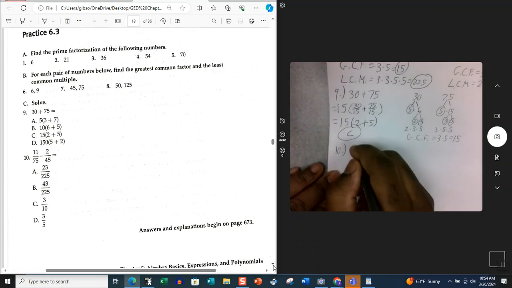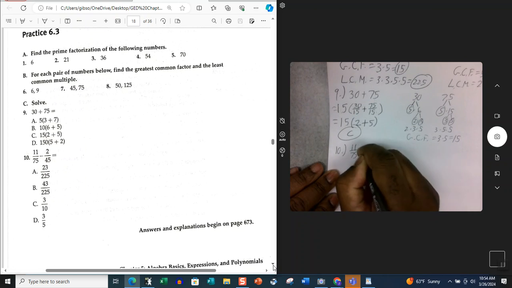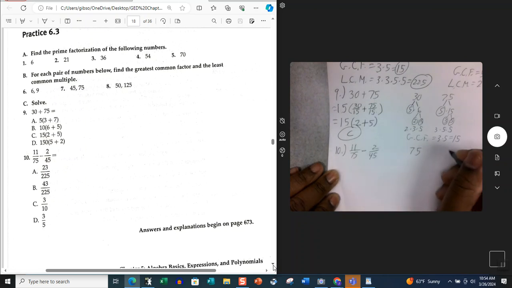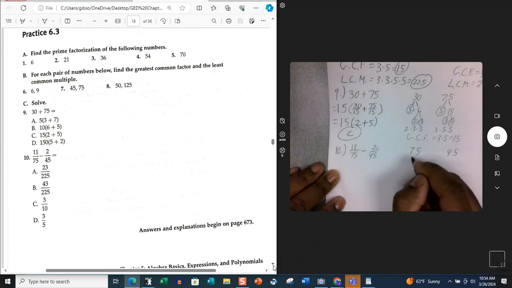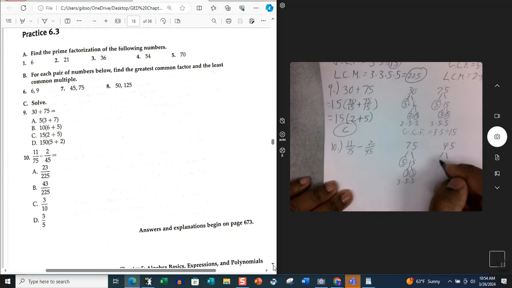So for number 10, we got 11 over 75 minus 2 over 45. So we would do the prime factorization trees of 75 and 45. And since we already have this, I could just go right through it, 5 and 15, and then 3 and 5. So we would add 3, 5, and 5. 45, I put 5 times 9. 9 breaks down to 3 and 3.